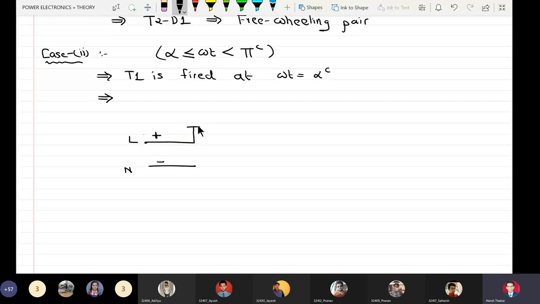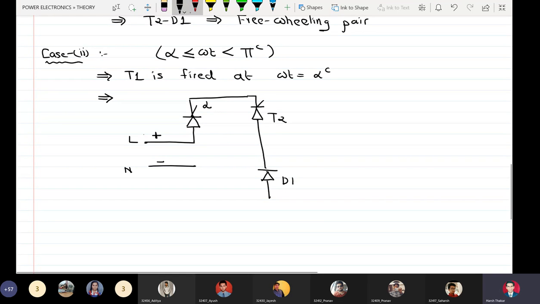At alpha it is fired, and here we are having T2 which is conducting. So it's like this, and this is D1, this is T2. This T1 acts as a short circuit. We see here it directly transfers this positive potential here, and the SCR will get commutated.